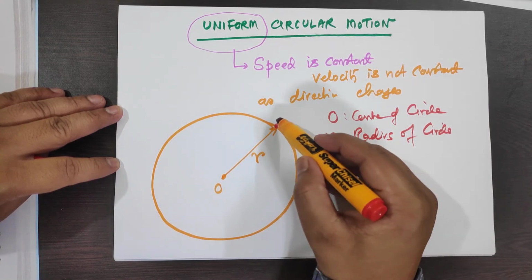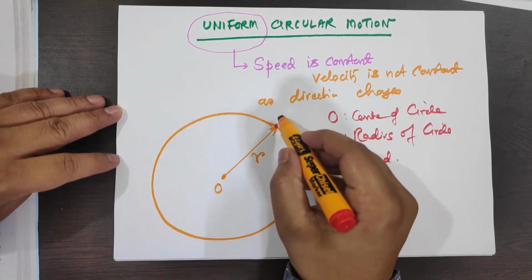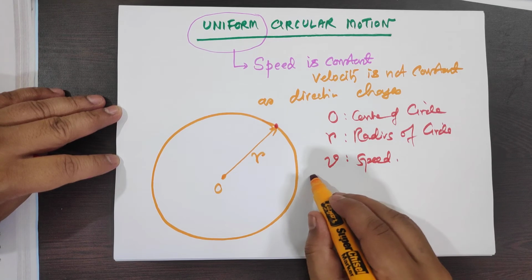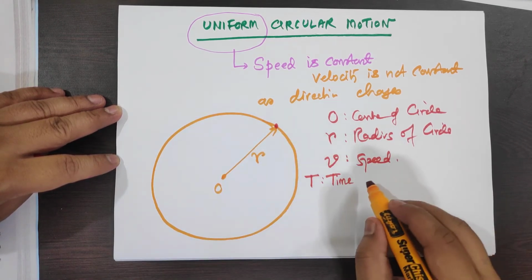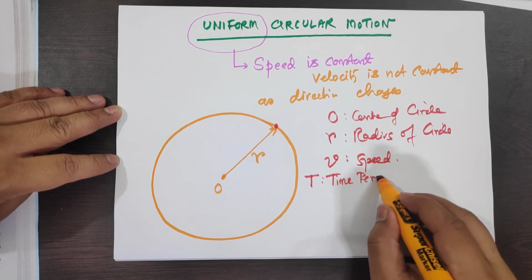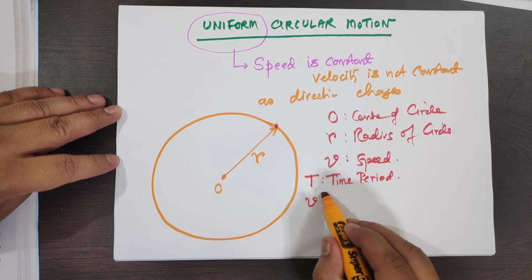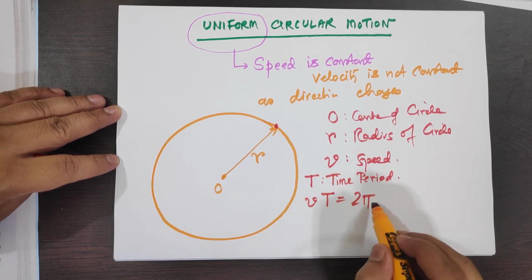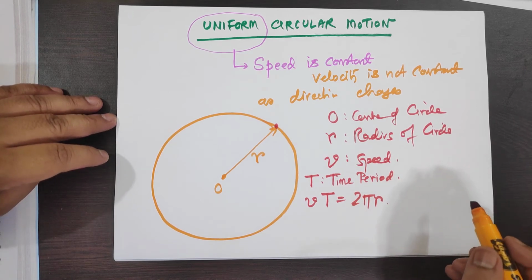It travels the whole path in a time, which is the time period. So v multiplied by time period is 2 pi r. 2 pi r is the circumference of the circle, right?